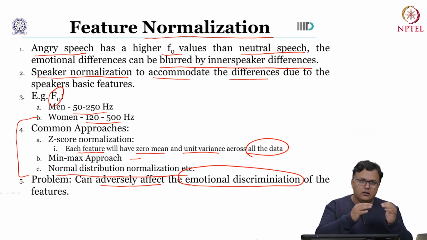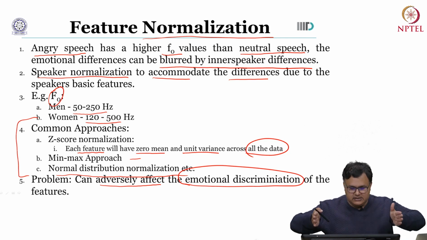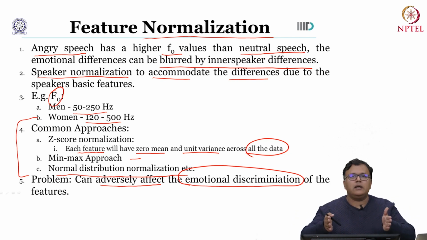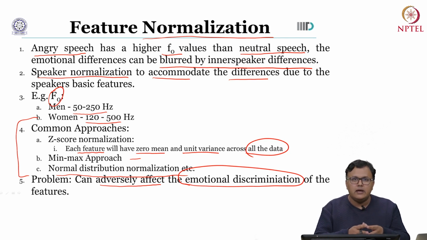So we are applying some normalization techniques. However, since this normalization is generally applied across the whole data set, it can sometimes reduce the discriminative aspect of the feature for certain subjects, as we are comparing all the subjects together.